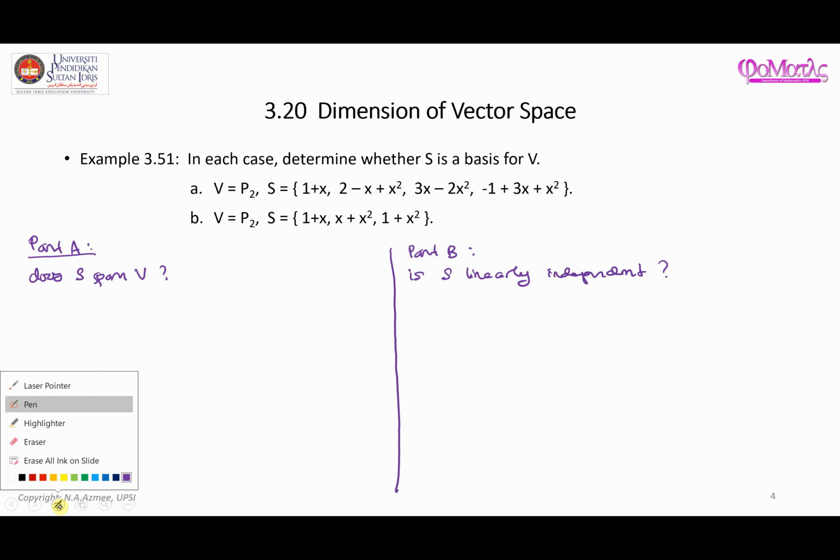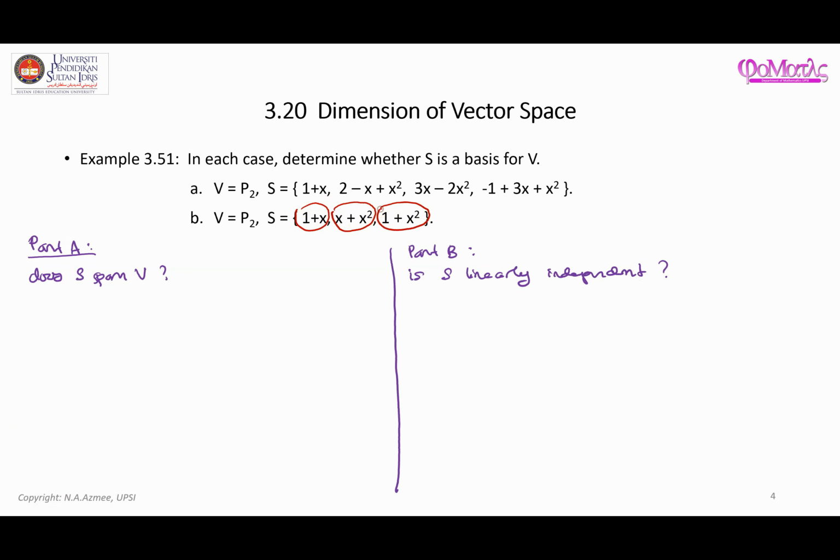And following the same idea, you can see that I need to consider the linear combination of all these given vectors.